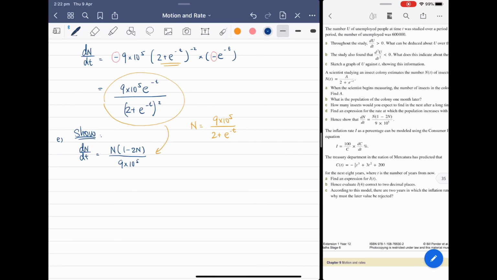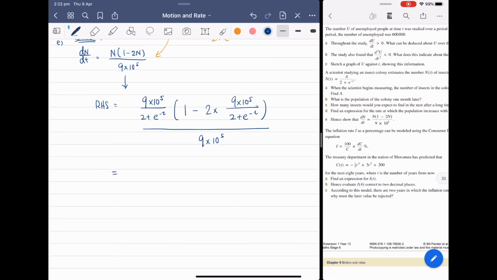So what I can do is, I'm still thinking about whether I should start from the previous answer we got and prove it to the final answer here, or should I just use the answer to check whether this is correct. If we start from the right hand side and do some substitution, we're going to get 9 times 10 to the power 5 over 2 plus e to the power minus t, brackets 1 minus 2 times 9 times 10 to the power 5 over 2 plus e to the power minus t, and then everything over 9 times 10 to the power of 5.